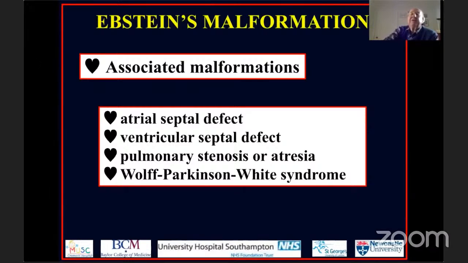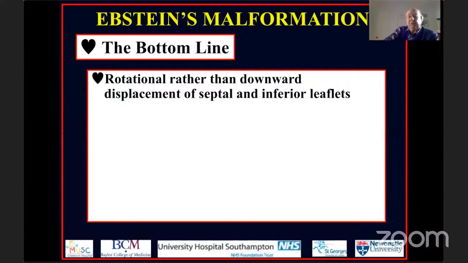And then we must remember that in several instances in Ebstein's malformation, we find abnormalities of conduction, in particular Wolff-Parkinson-White syndrome, and almost certainly that relates to the fact that the right atrioventricular junction is itself abnormal, so there are additional muscular connections crossing the abnormal junction.